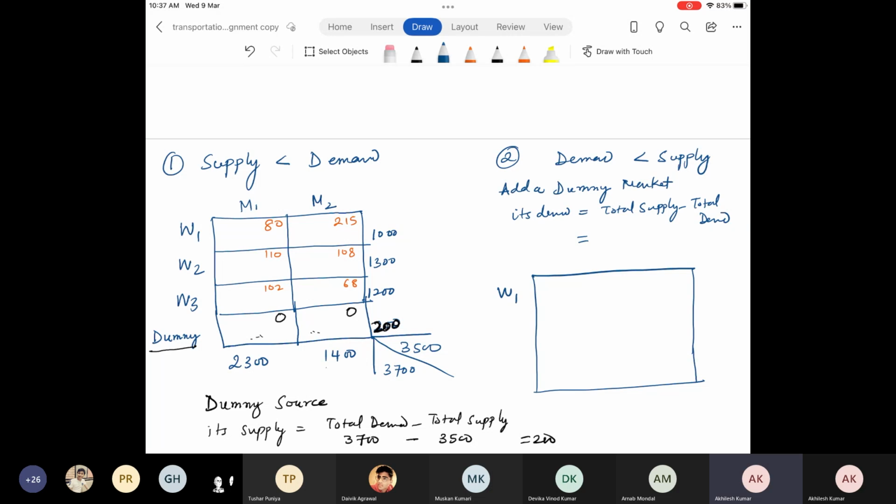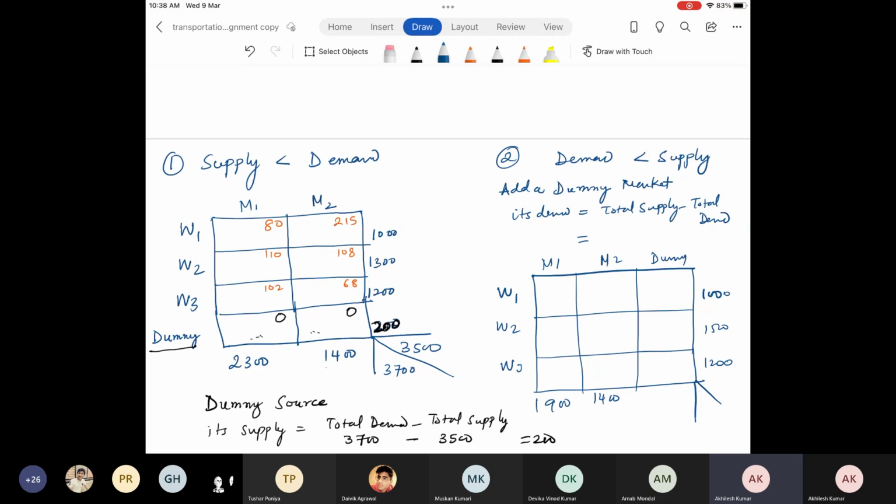We have W1, W2, W3 and M1, M2. Right now I have added the dummy here, but the original problem will not show a dummy. You have to add it. So supplies are 1000, 1500 and suppose 1200. And your demands are 1900 and 1400.